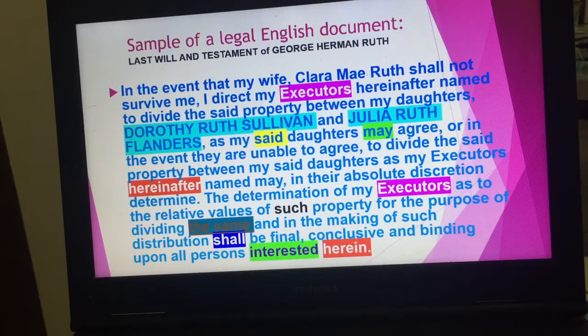So the determination of my executors, in other words, what my two daughters determine to be the relative value of such property. Such property, you don't say such a property. The A is dropped in legal documents, writing. Such property means such a property, this kind of property. This property itself.